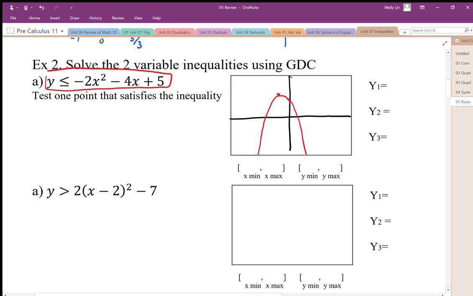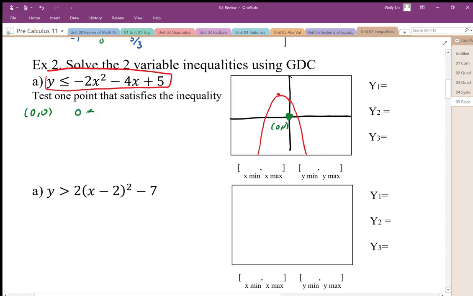Now, since it's a two variable inequality, I am not looking at the intercepts as my boundary. I'm looking at the line as my boundary. It says test a point that satisfies the inequality. Well, it looks like 0, 0 is a nice point to test. I need to test both the x and y.